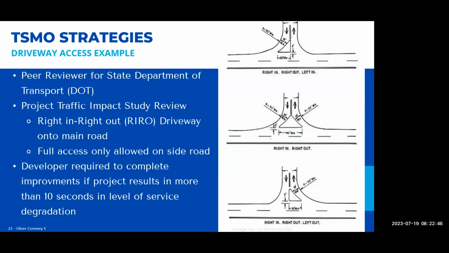When I say a full driveway, I mean a driveway where you can make a left in, left out. That all just causes a lot of traffic. If you're not going to put a signal or a very good control at that driveway, then we will limit you to being able to make just a right out, especially if it's a divided highway. And then you can also probably just make a right in. And then we'll let you find the nearest side streets to your development that will allow you to do those movements without impacting the major road.